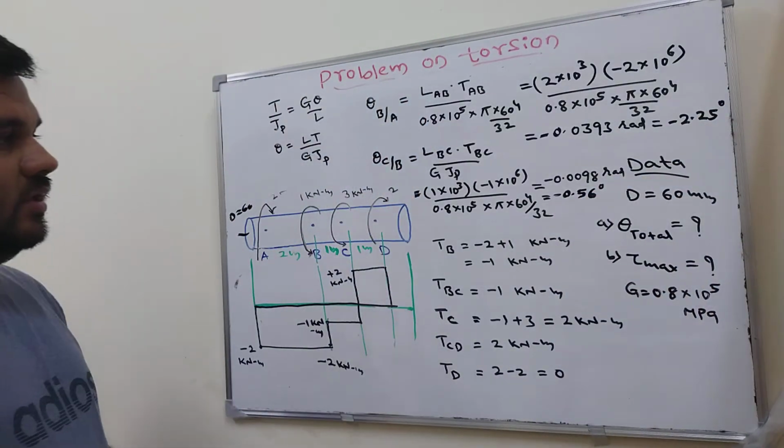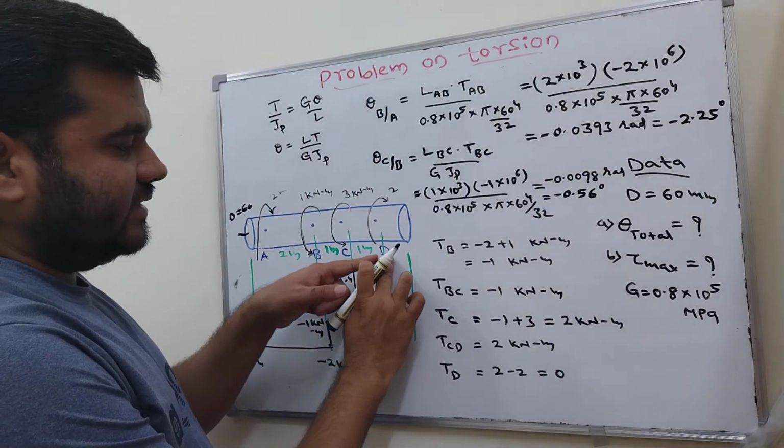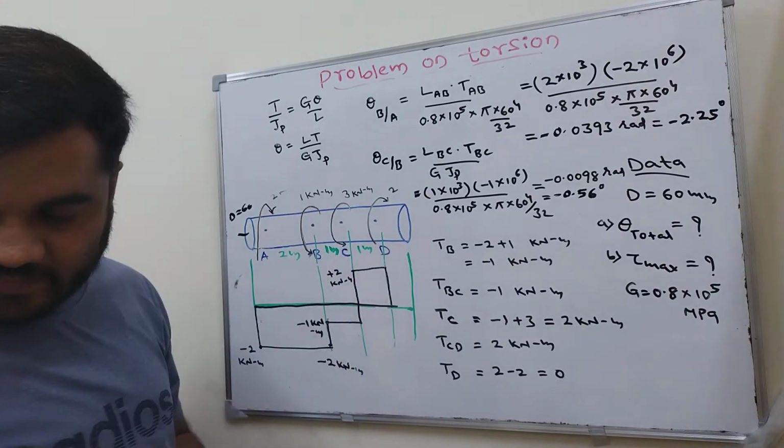Now the third one, we need to calculate the angle of twist at section D with respect to C, right?